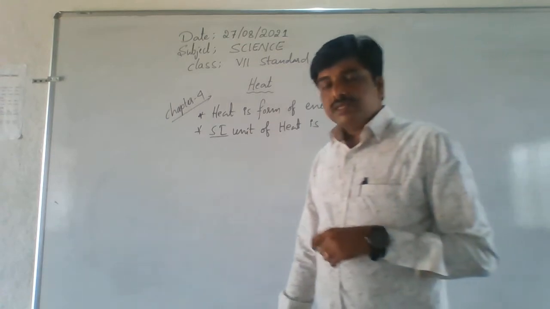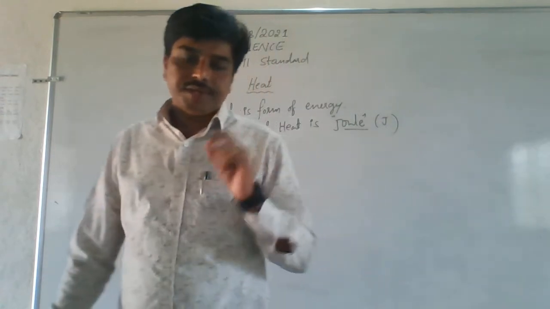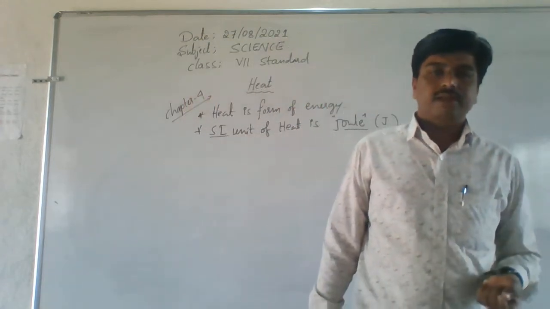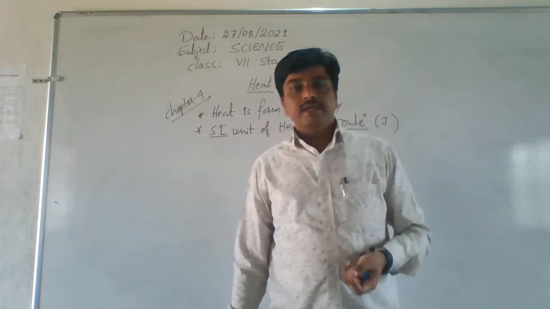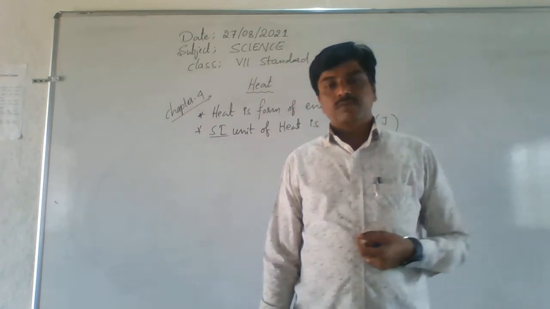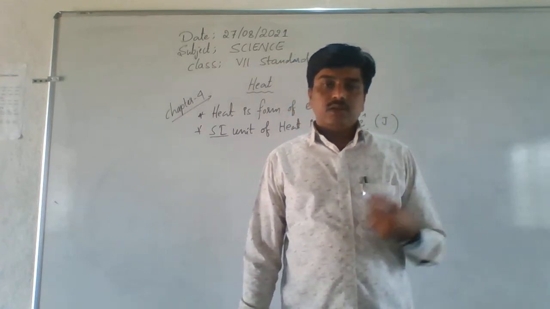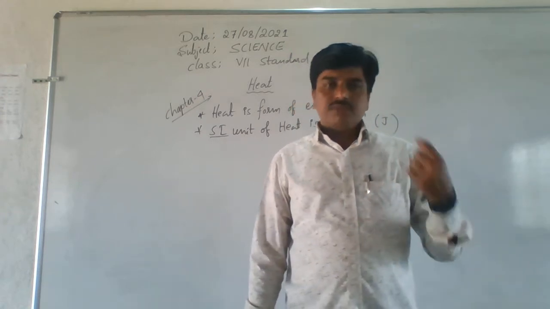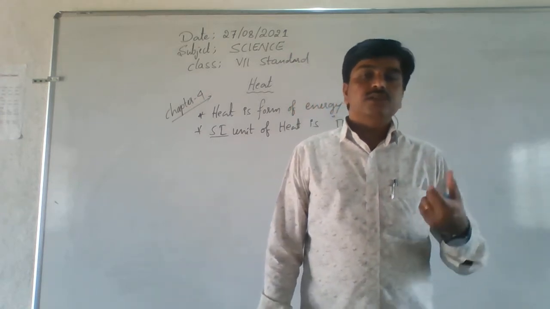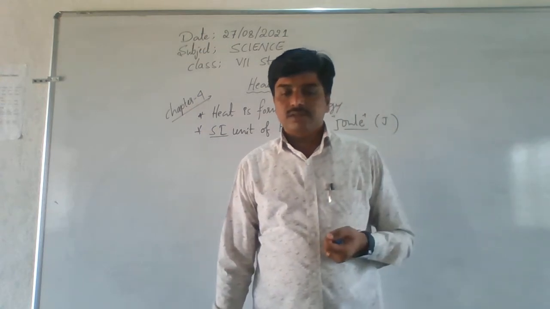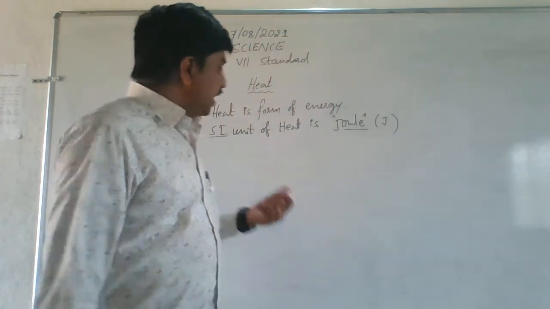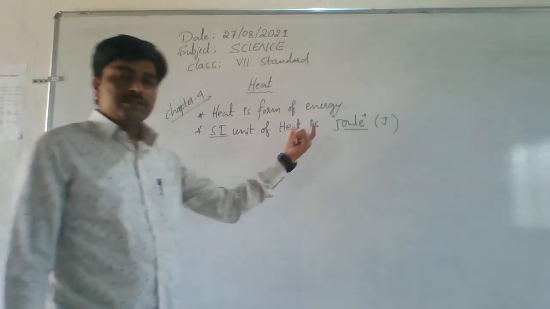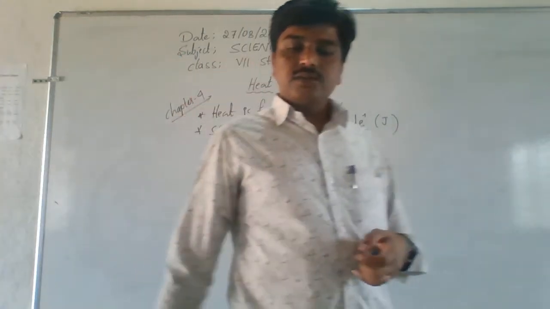SI means System International Unit. Anywhere in this world, heat is measured in joule. Understand? Because heat is a form of energy, hence it is measured in joule. So, the SI unit of heat is joule. Clear or no, students? Okay.